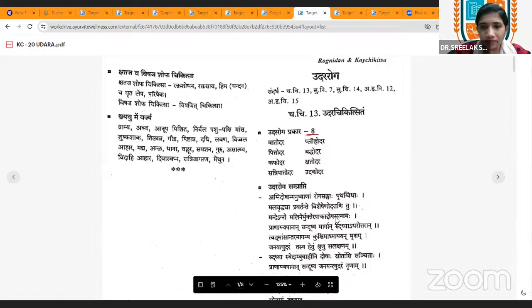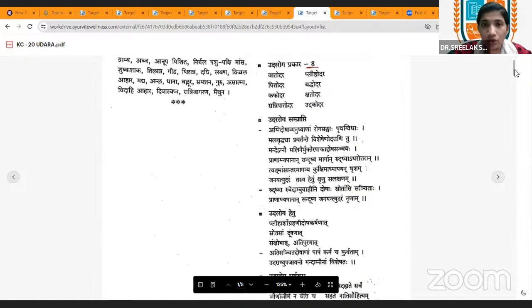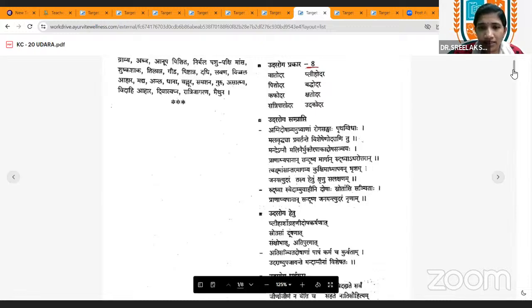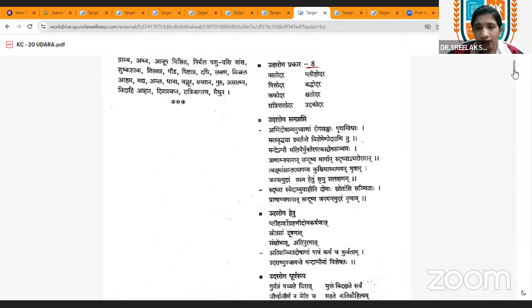And in this chapter, Acharya mentioned Yogaha Sarve Abhi Mandayakmu. So you can see a quote in the Ashtanga Hridaya, that all the diseases are mainly caused due to Mandagni. In Udara, mainly Sthana Samshraya takes place between Tvak and Mamsa.